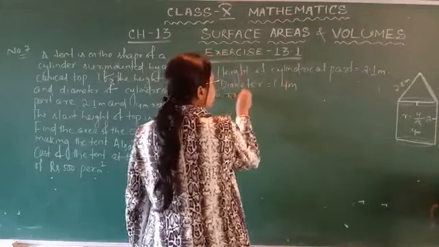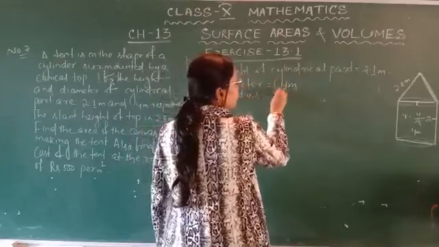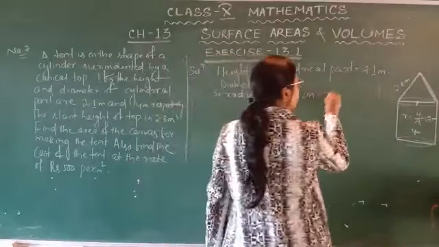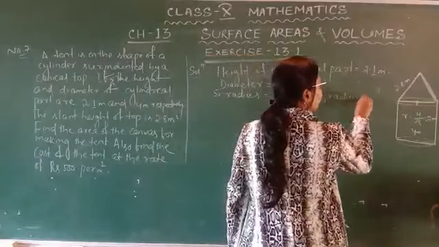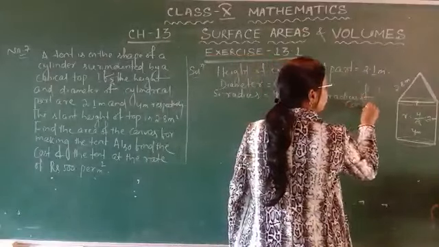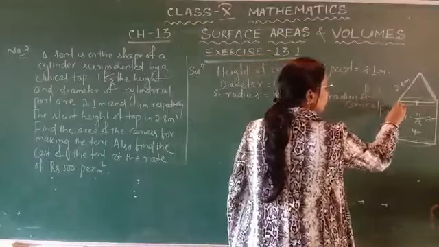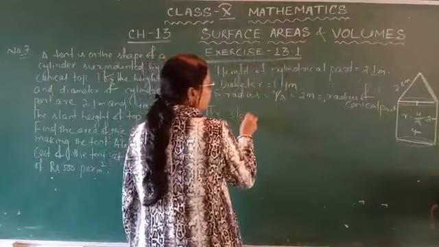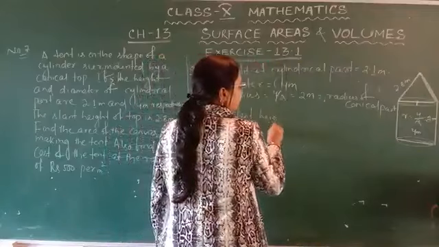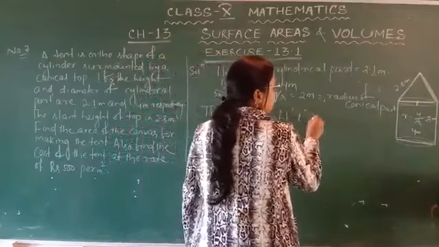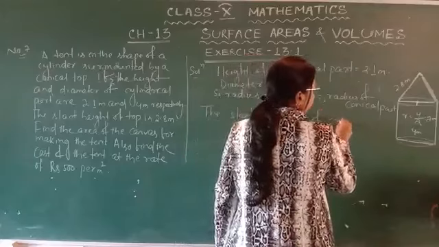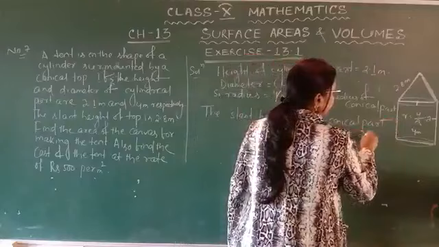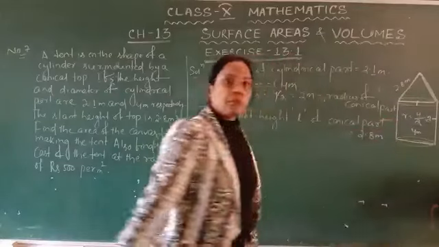So radius is equal to how much? 4 upon 2, that is equal to 2 meter. This is also the radius of the conical part. And the slant height L of the conical part is equal to 2.8 meter.